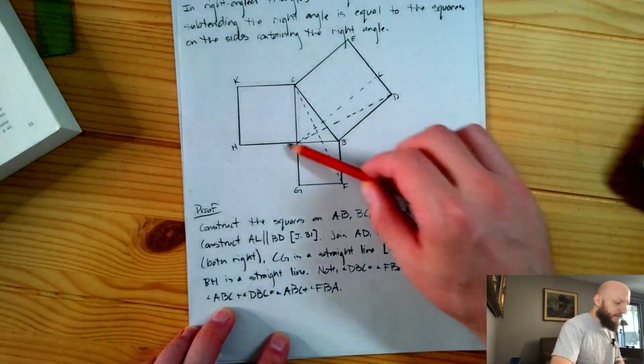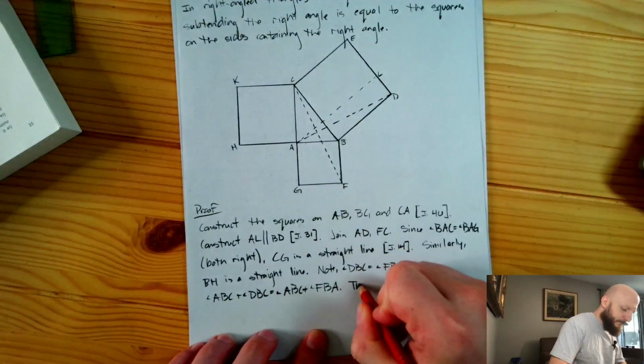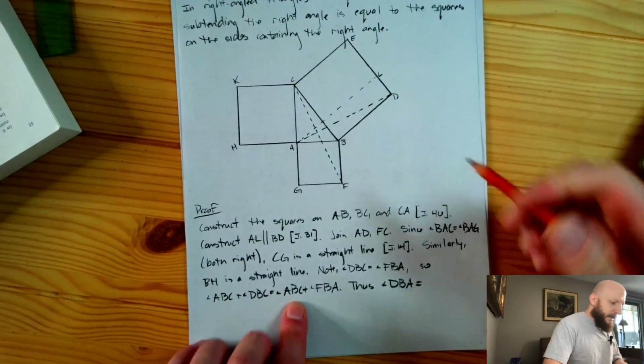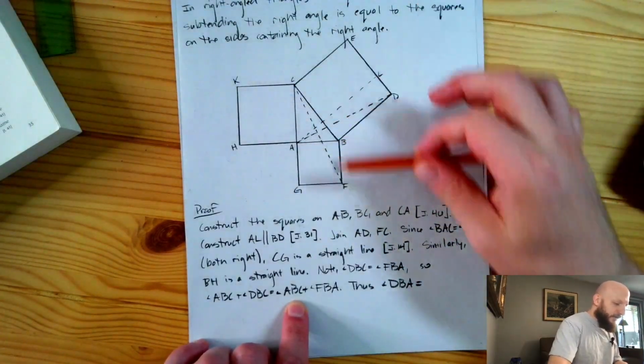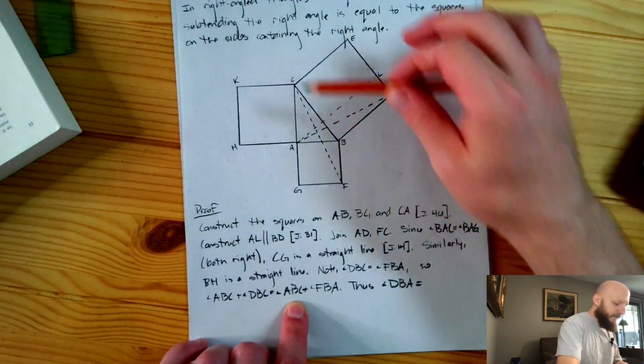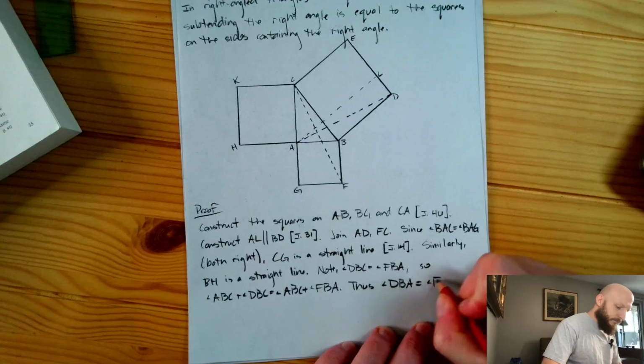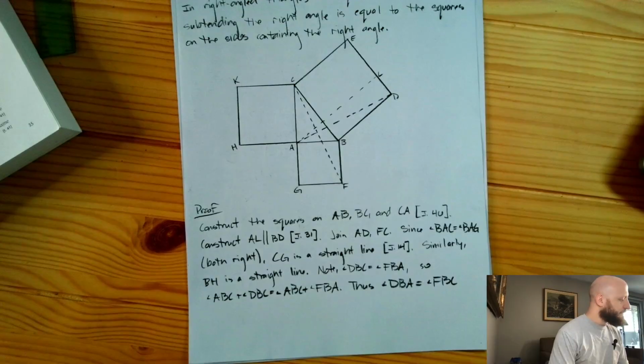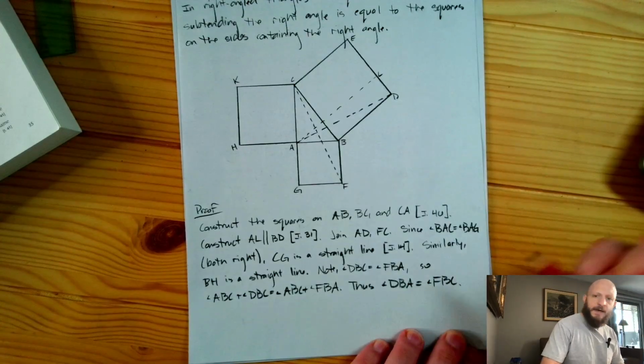Well, that forms DBA. And ABC with FBA forms FBC. So angle DBA equals angle FBC. That's just a common notion that gives us that.